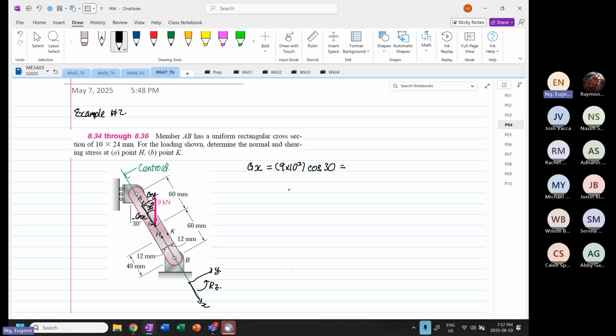So it's equal to 7.794 Newton. And then we know that our gy will be equal to 9 times 10 to the power 3 sine 30, which is equal to 4.5.